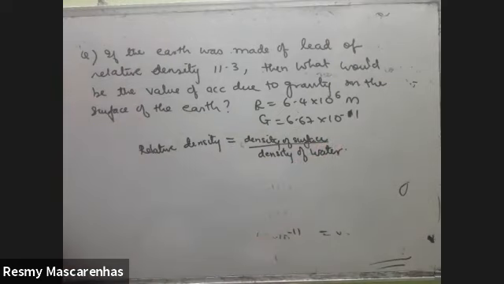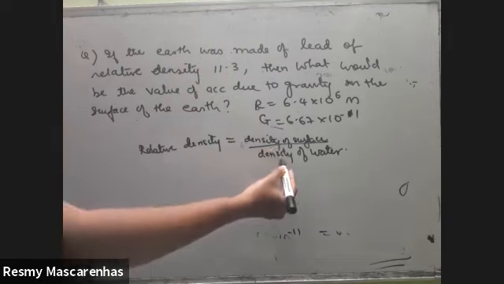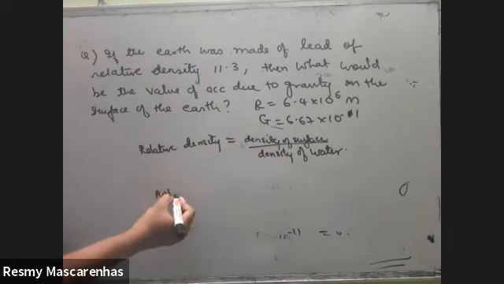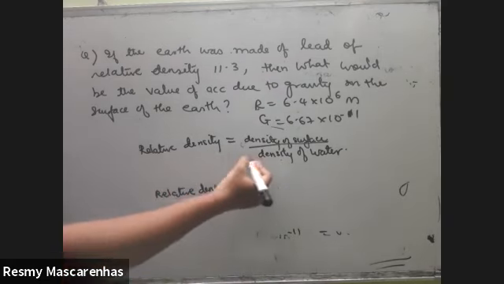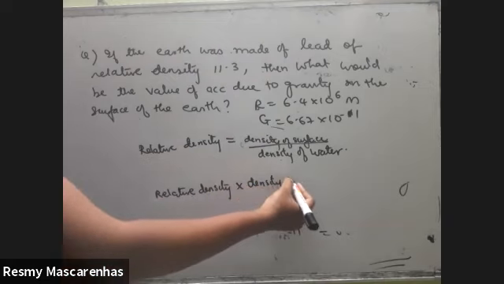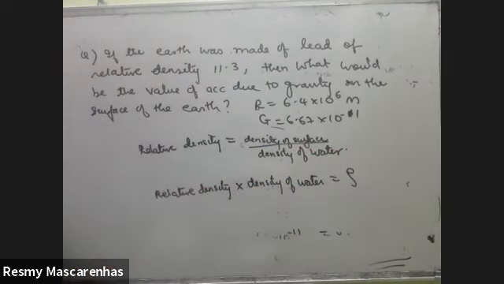This is the normal ratio. So this is the density we have to calculate for the Earth, the actual rho. Now relative density has been given to me as 11.3.